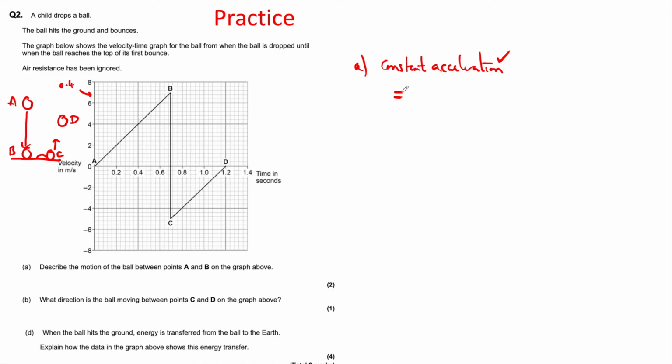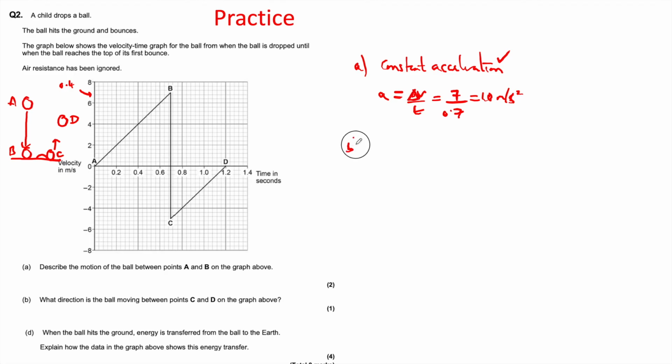So the change in velocity is going to equal 7. Over the time taken, well, that is also 0.7. It's midway. And so that is 10 meters per second squared. So that's describing it, because you've also done a calculation. It's a constant acceleration of 10 meters per second squared.